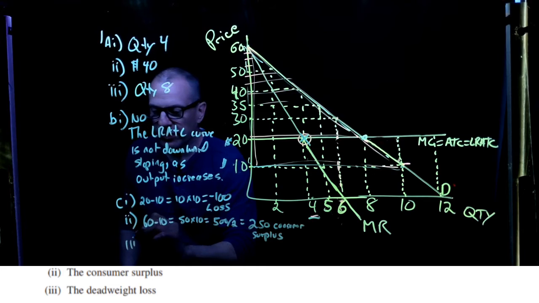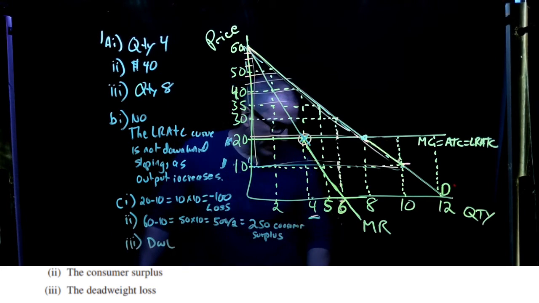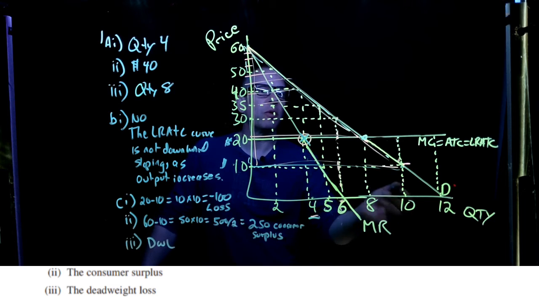For number 3, it asks about a deadweight loss. Okay, what's the deadweight loss here at this point? Well, this is the area when we see that the price is at $10, but the cost is at 20. We're producing 10. What's happening here is this is the area where the deadweight loss is located.